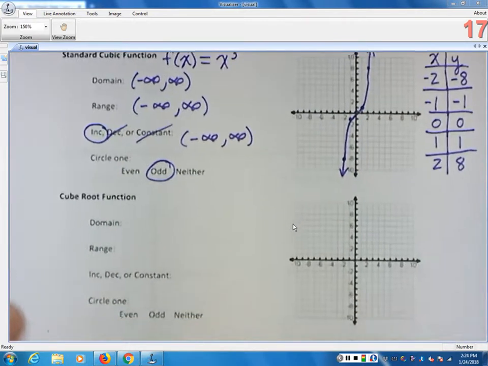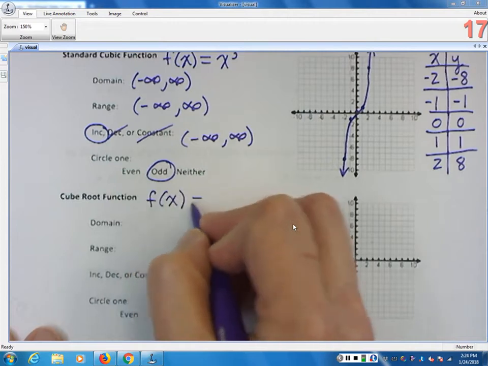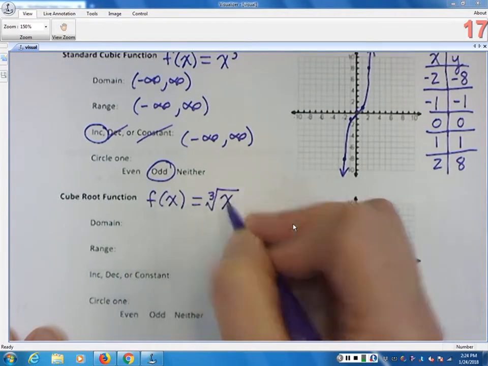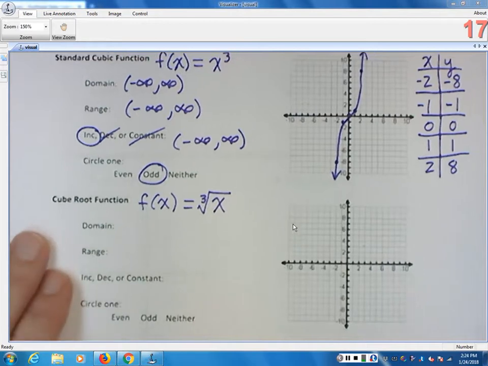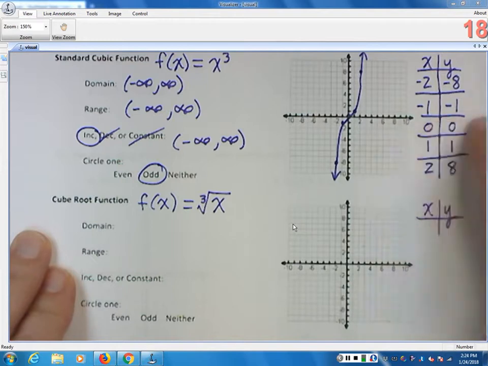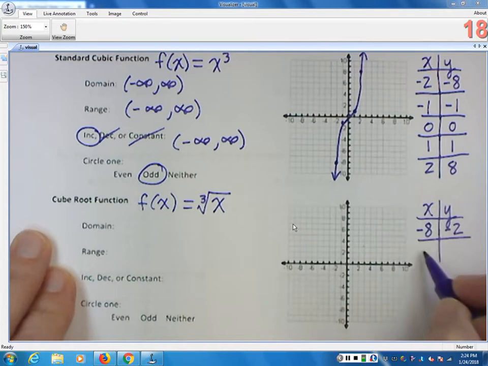And the cube root function is f of x equals the cube root of x. So we have x and y, and we're just going to flip these things. The cube root of negative 8 is negative 2. The cube root of negative 1 is negative 1.